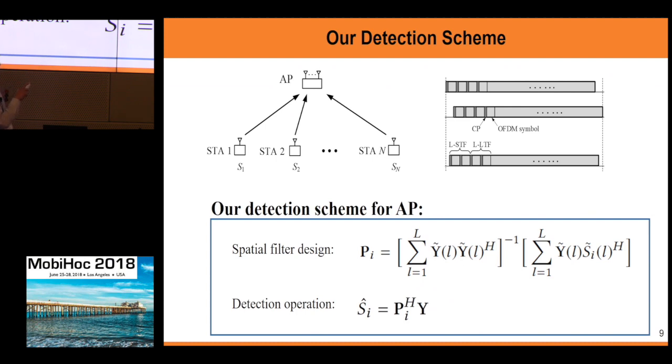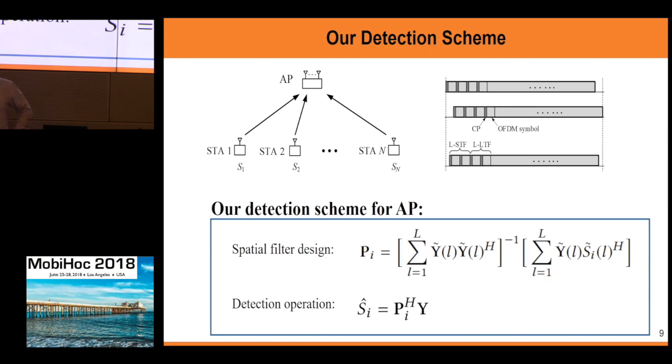When we design this filter P_i, we only use two signals. One is Y, the received signal at the AP. And S_i is the reference signal at station i.